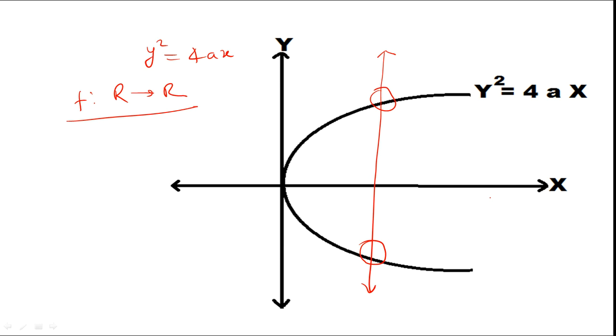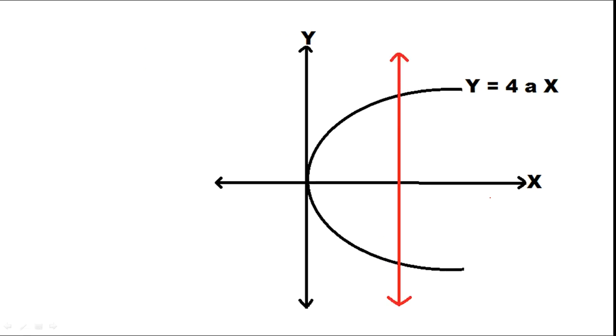It means you simply draw a vertical line and it should intersect the given curve only at a single point. You can see the vertical line parallel to the y-axis is intersecting the given curve at more than one point. If somebody says I draw a line here, no, you have to draw the line in such a way that the line is intersecting the graph, otherwise it will be meaningless.